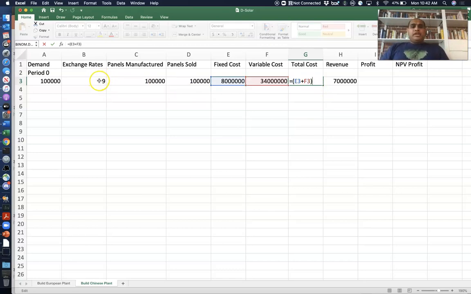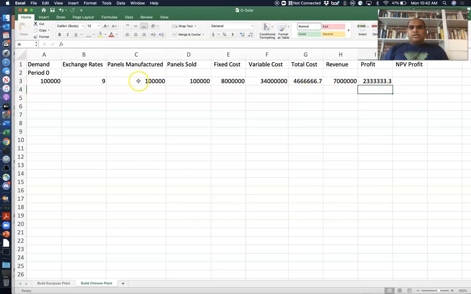So 1 euro is worth 9 yuan. So I'm going to divide that by the exchange rate. So I can convert everything into euros. So this cost, the fixed cost plus variable cost, divided by the current exchange rate. Now the exchange rate is going to be different in each of these different scenarios. You're going to divide by the different exchange rates. So that's the cost in euros. So the profit will be the difference between revenue and cost. And there you go. So the net present value, we will calculate that in a second.